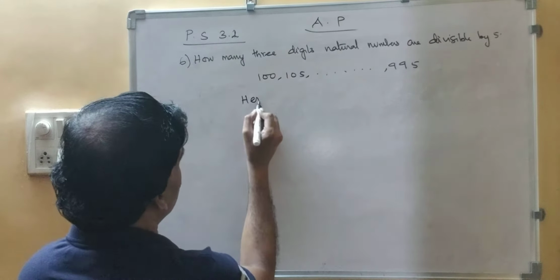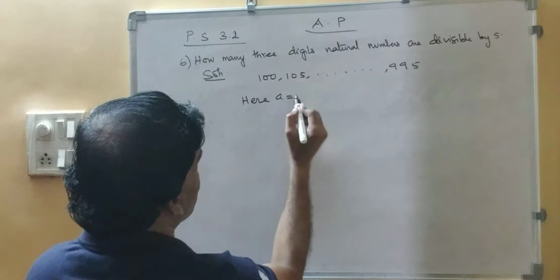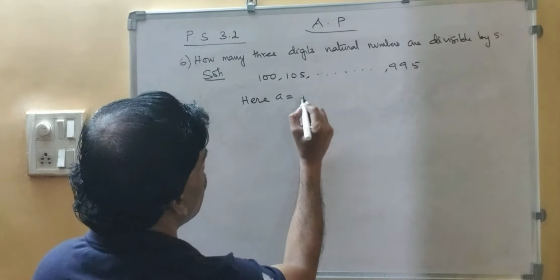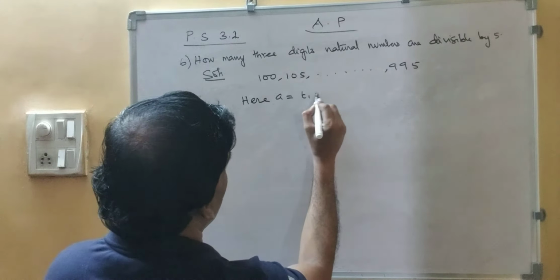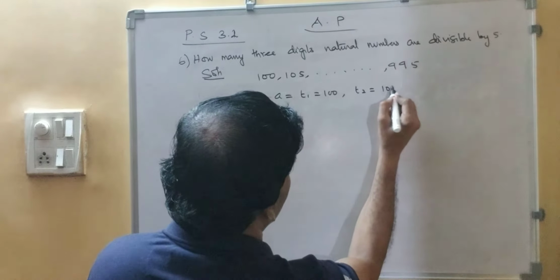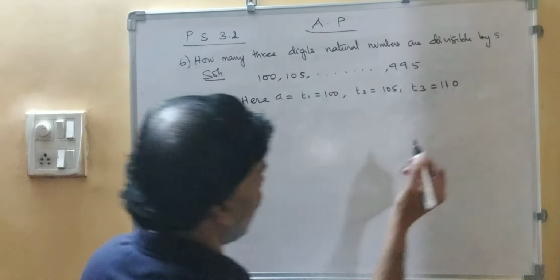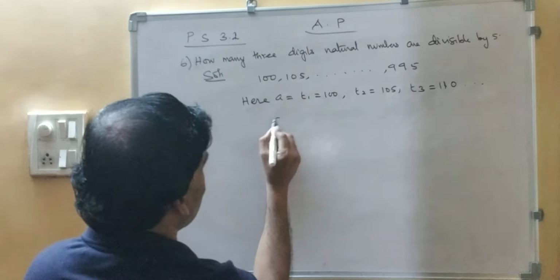Therefore, here solution: T1 equal to 100, T2 equal to 105, T3 equal to 110, etc. So, can you find out D?